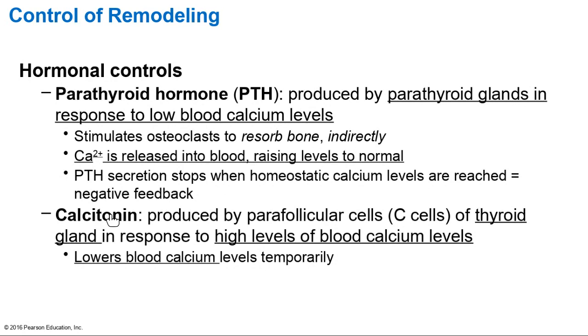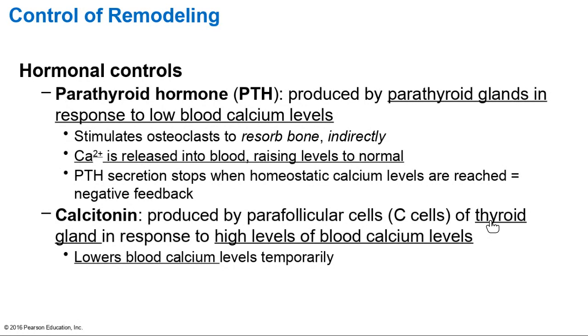The other hormone that's associated with calcium homeostasis is calcitonin. Now, calcitonin is going to do the opposite of PTH. So first of all, where is calcitonin? Calcitonin is made by these cells of the thyroid gland. They're called parafollicular cells, or sometimes called C cells.